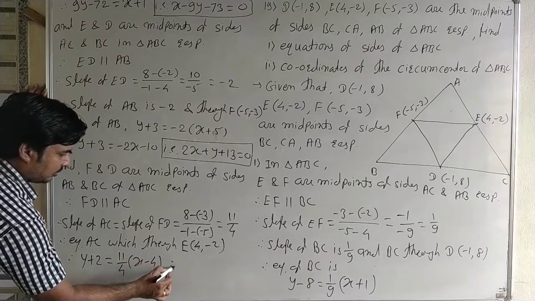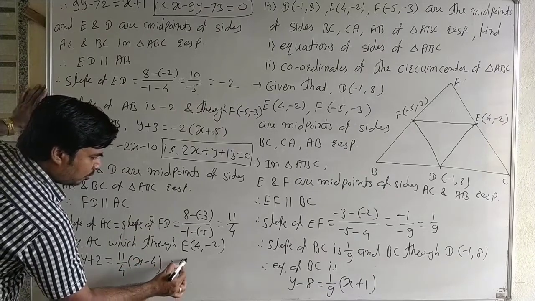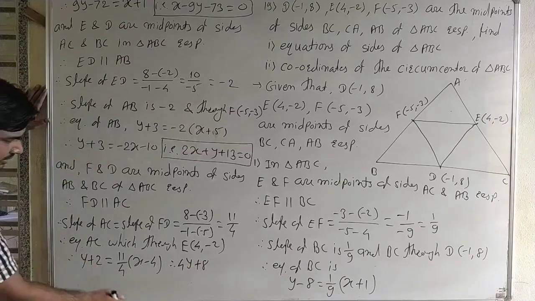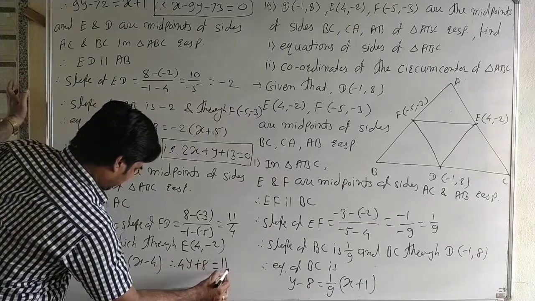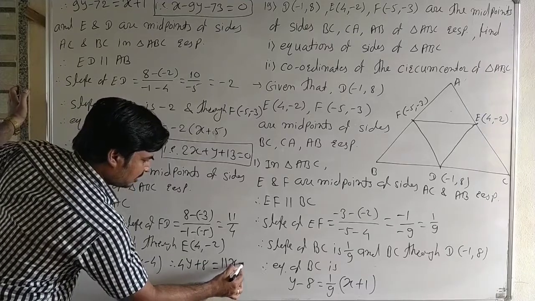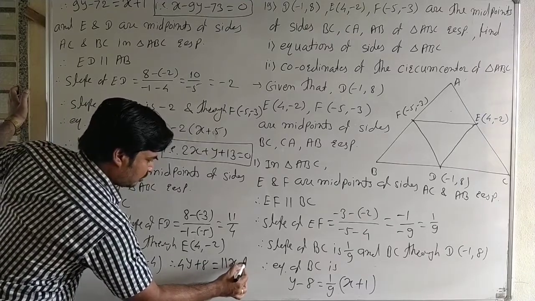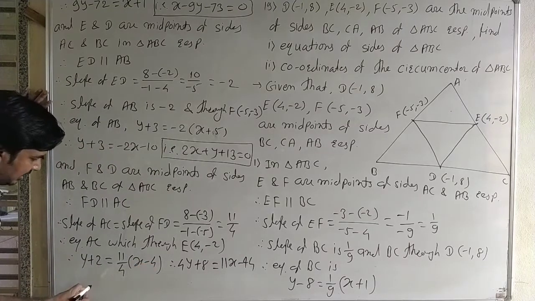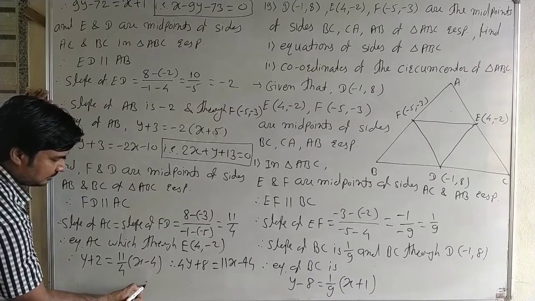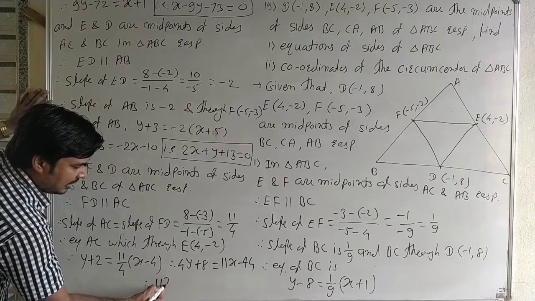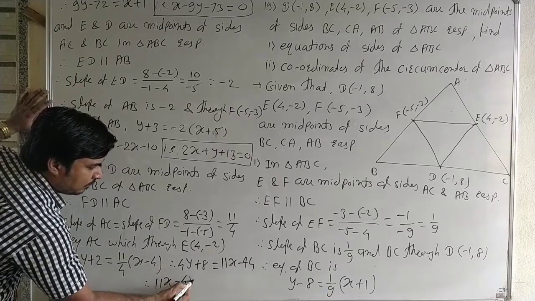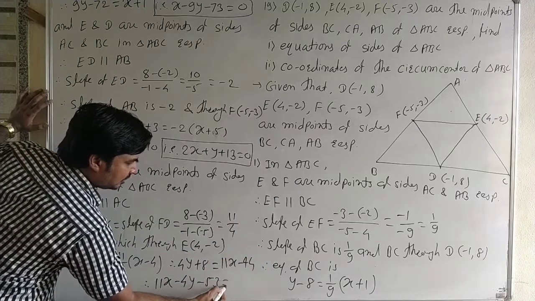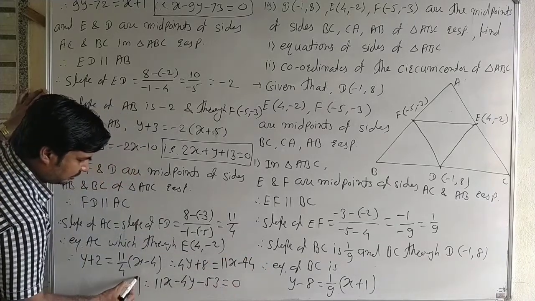And therefore we can write 4y plus 8 is equal to 11x minus 44, and therefore the equation of AC is 11x minus 4y minus 52 is equal to 0. It is the equation of the third side.